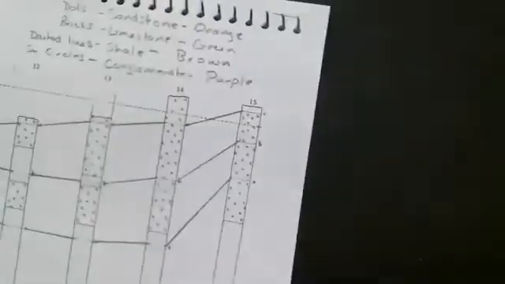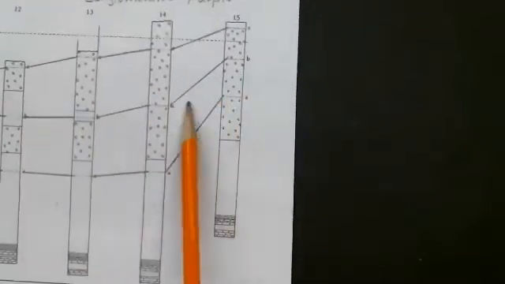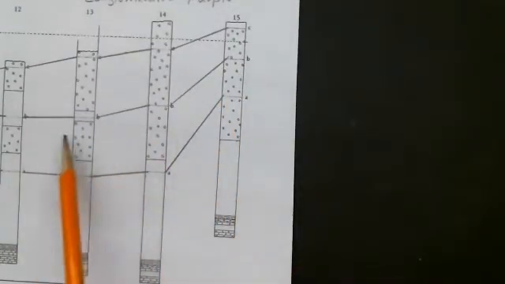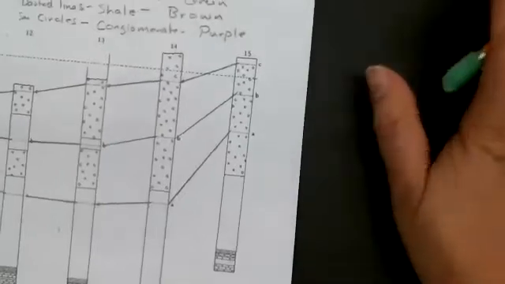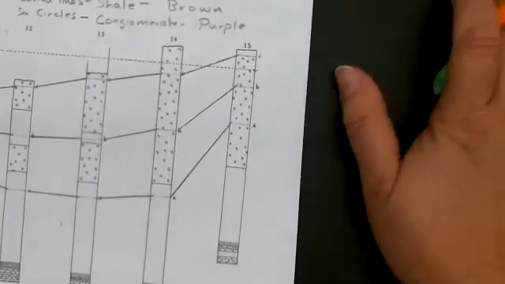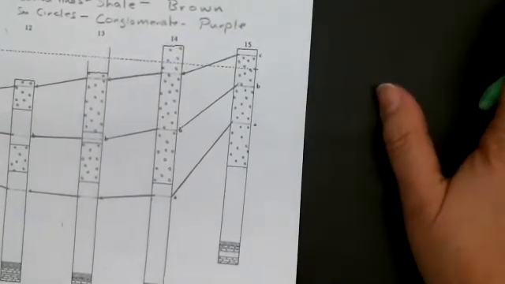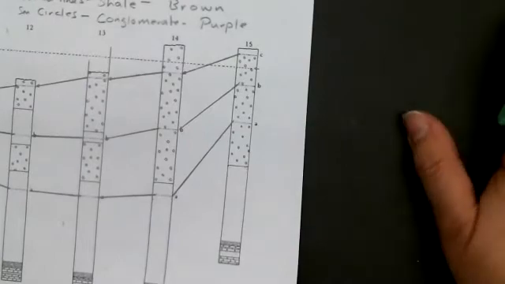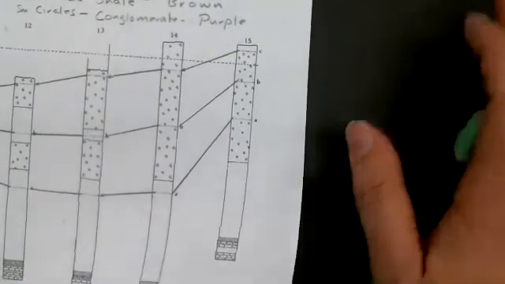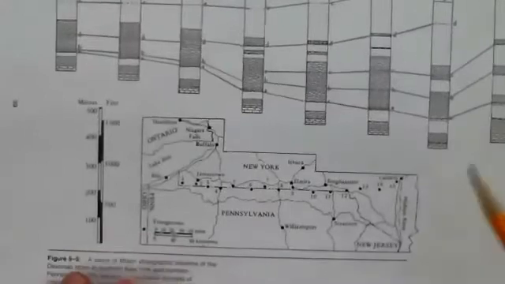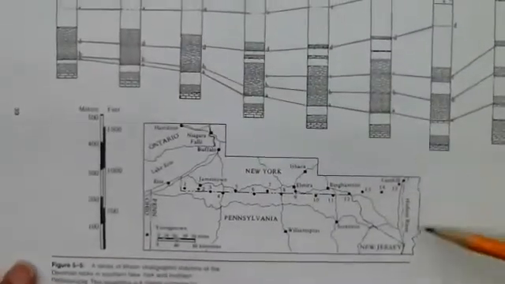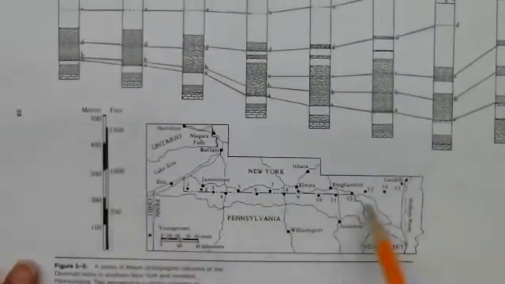So when this stuff was deposited at the time period of fossil B, the beach was over here. And that is where it was the whole time. It was over here to the side. So that's kind of interesting that the beach was over here, and this whole region was covered with water.